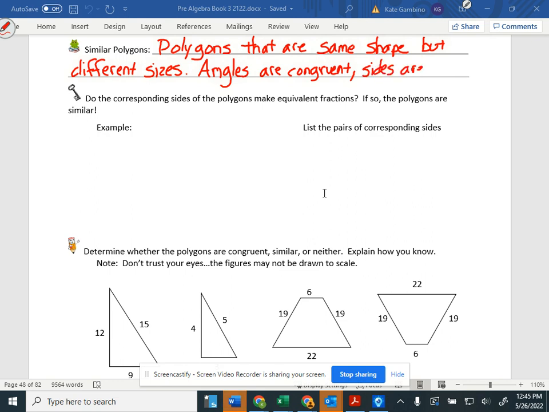Sides are proportionate, proportional. So it's taking that same shape and it's either shrinking it down or expanding it bigger, but it's the same shape.